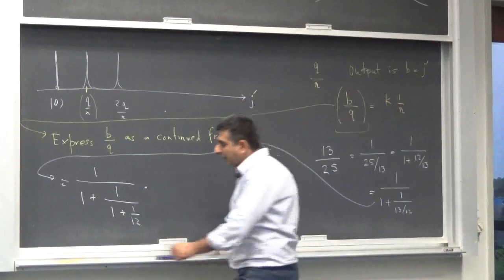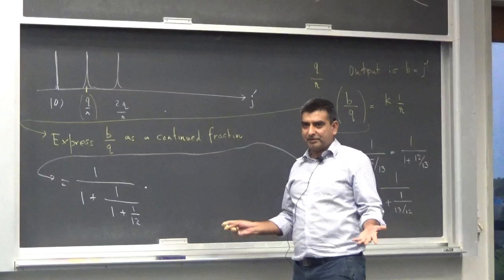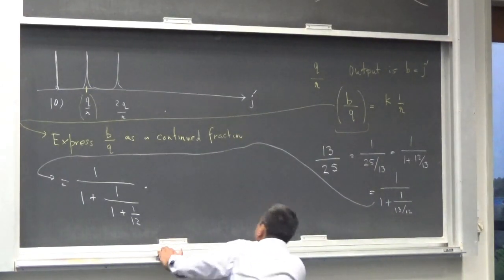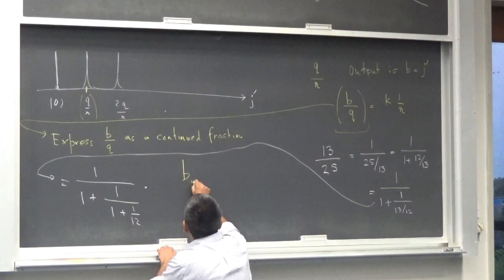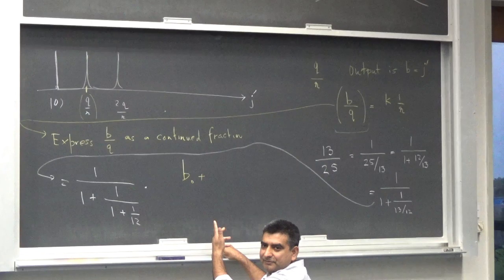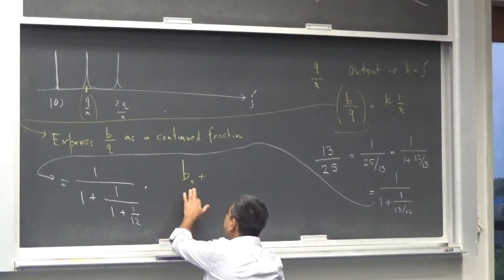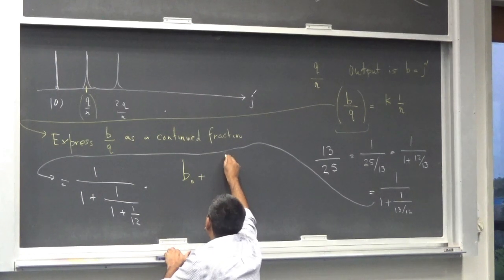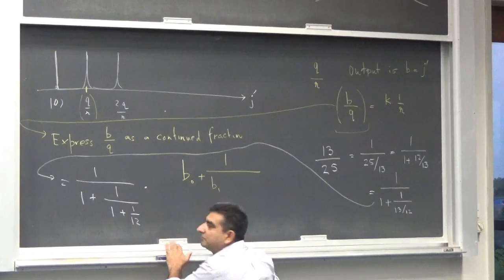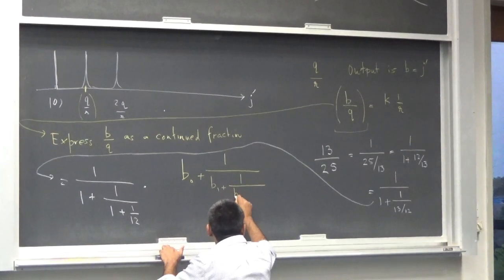So how do I define a continued fraction expansion? I have some fraction. If I were to express this in this form, b naught, I could also start with improper fractions. But in the general case, I have b naught plus 1 over b1 plus 1 over b2.